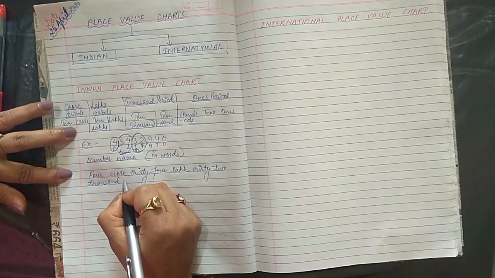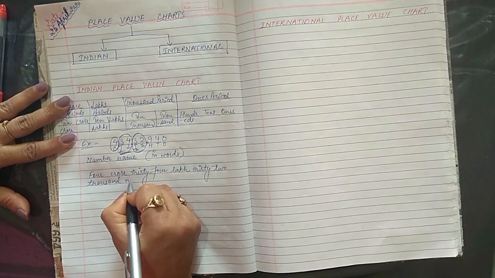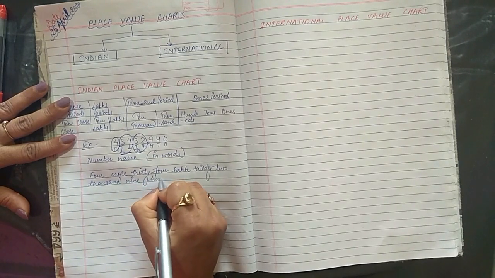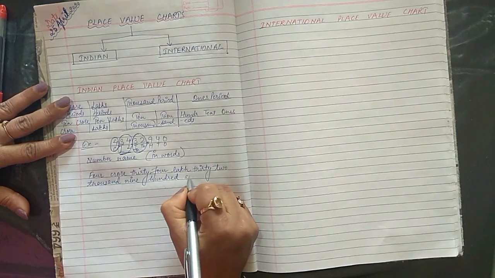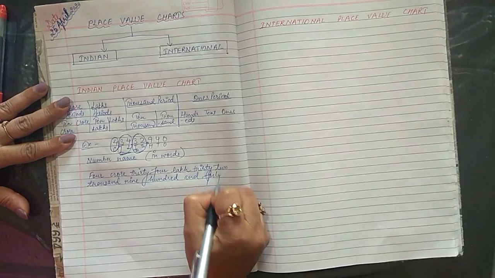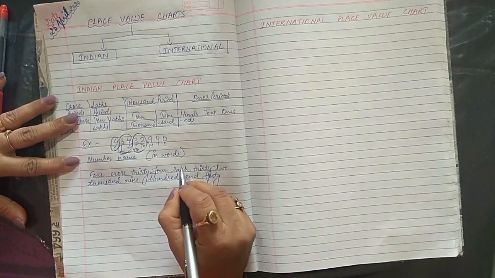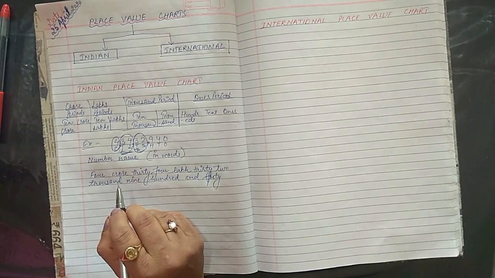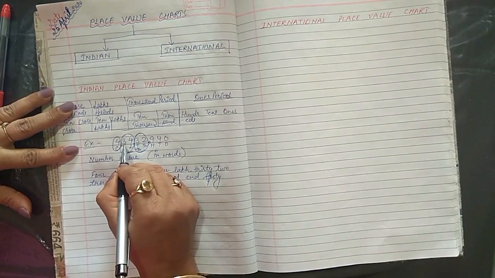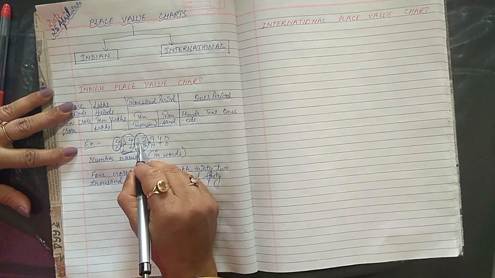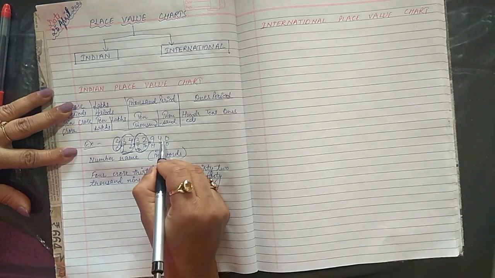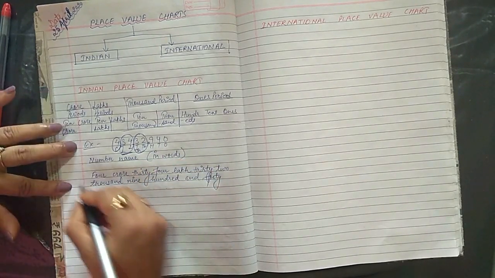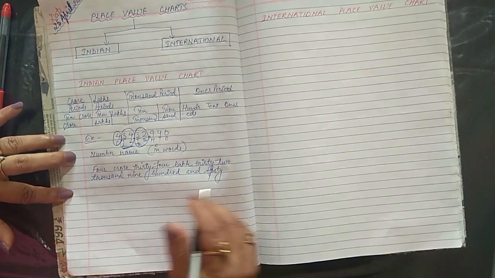So we are going to write it all together. 940. See, this will make your work easy. Now you can write it easily, you can read it easily. How? 4 crore 34 lakhs, then 32,940. Clear?